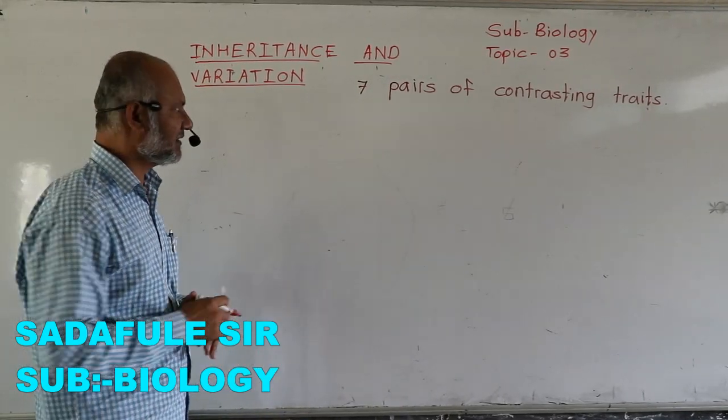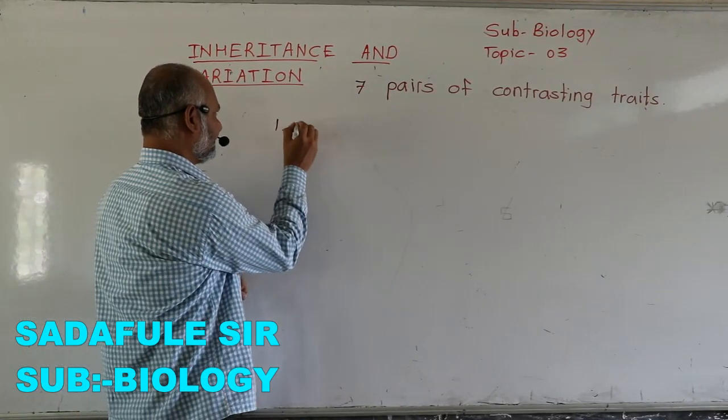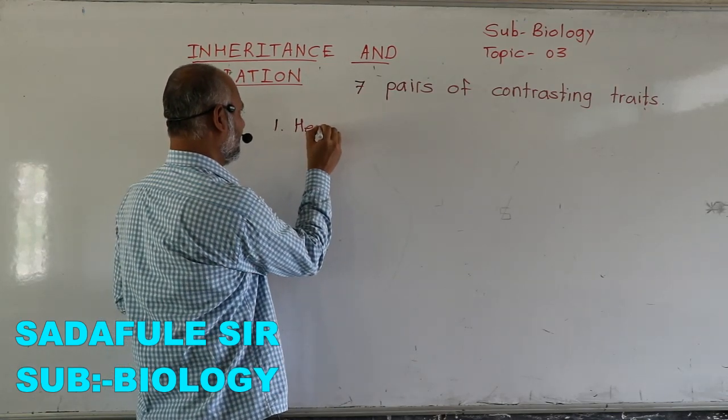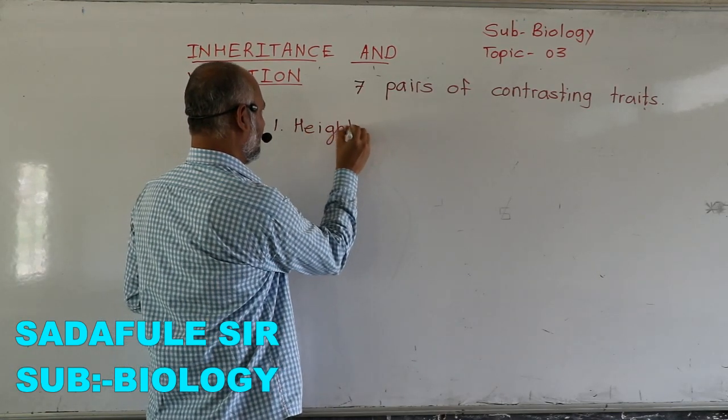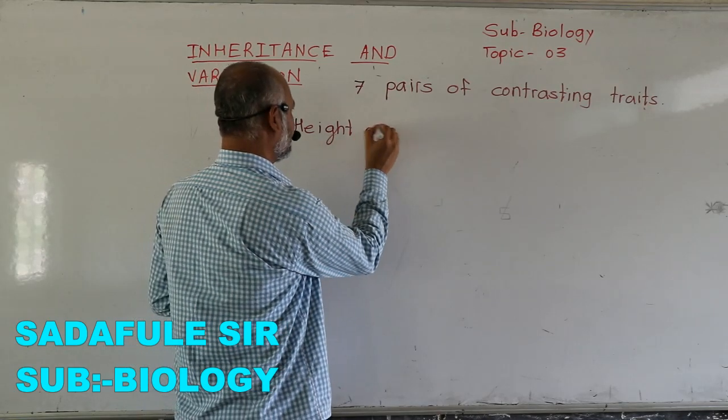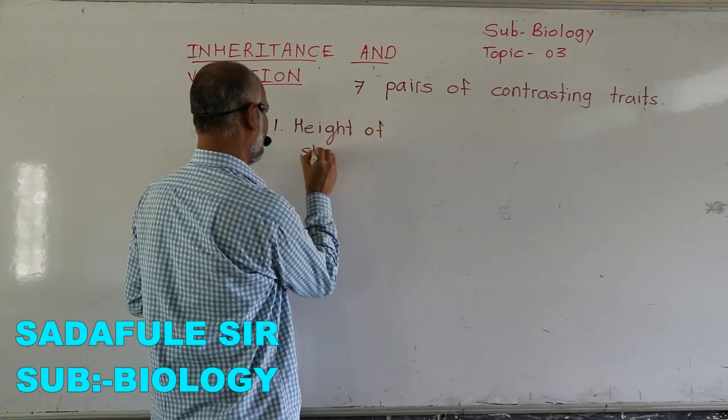Now, which are those characters? Number 1, height of stem.